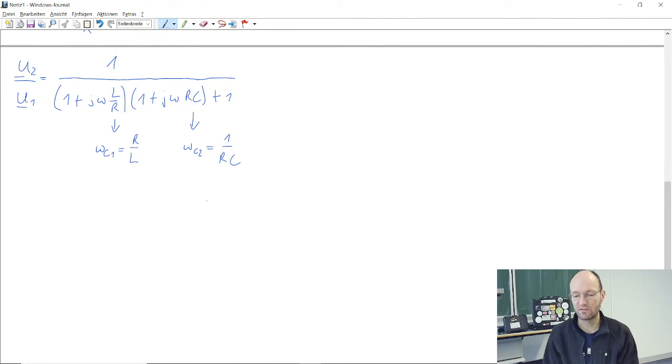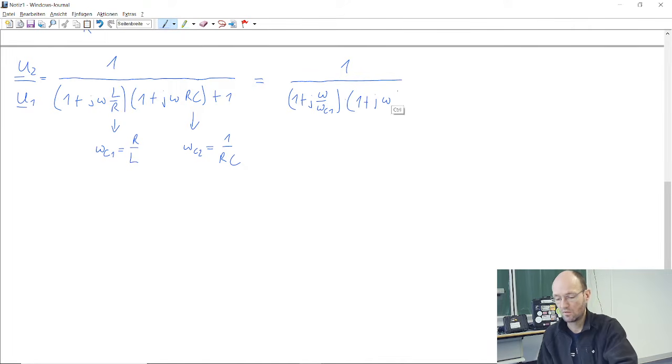And let's maybe rewrite our transfer function, because then it gets even simpler. So we have 1 plus J omega divided by the first corner frequency, multiplied with 1 plus J omega divided by the second corner frequency plus 1.